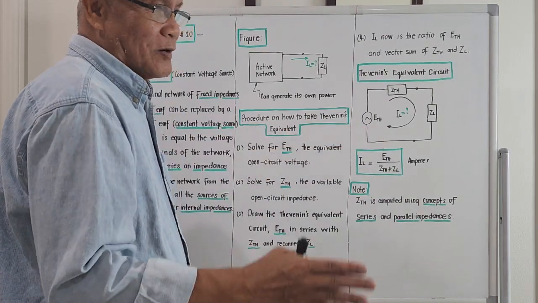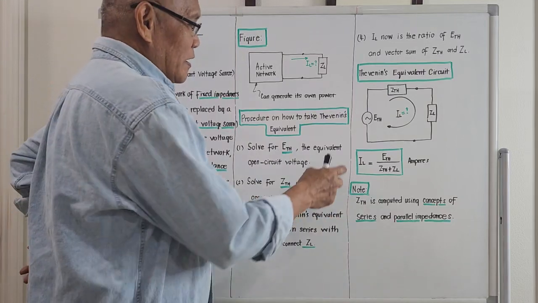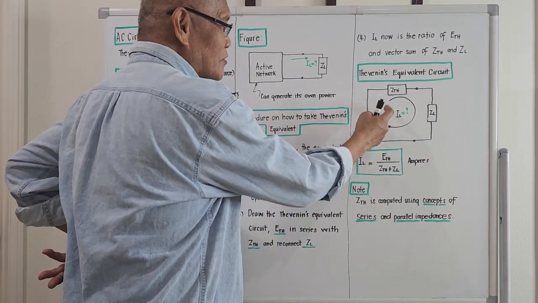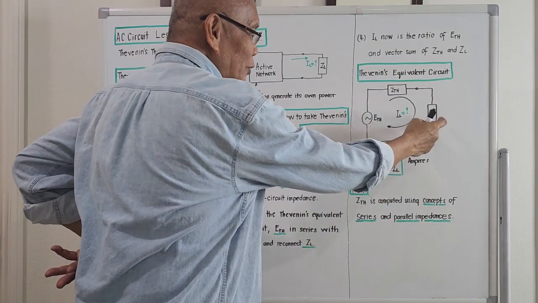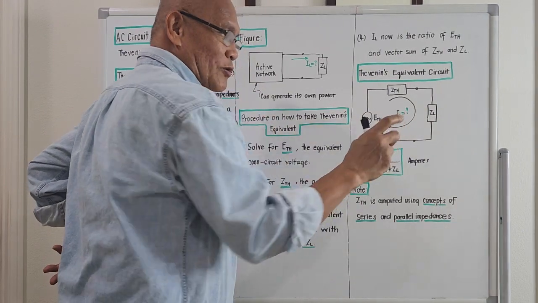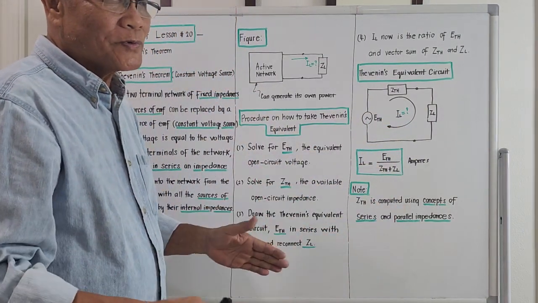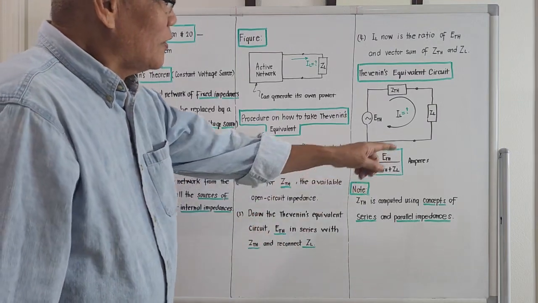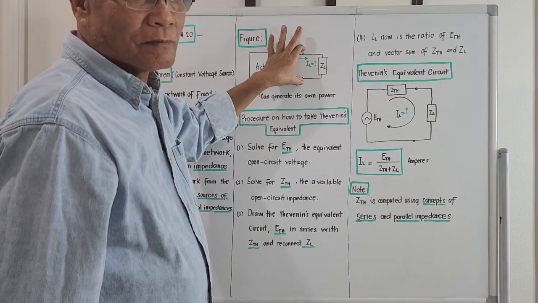What he did is that he just made a power source ETH and ZTH connected in series with the load in which the current passing through it is being asked. So the main motive of Thevenin's theorem is on how to compute the current to a given load if it is connected to a given active network.